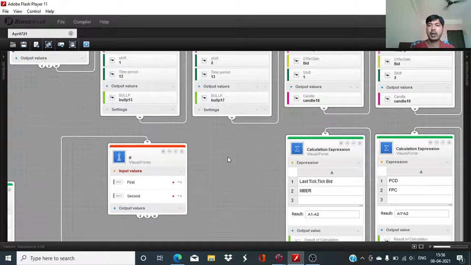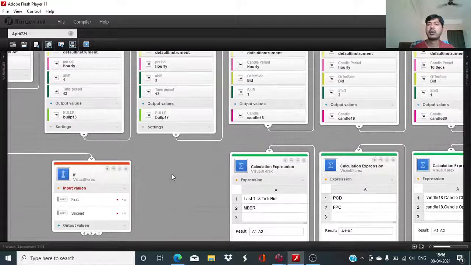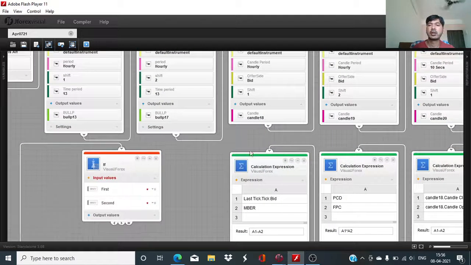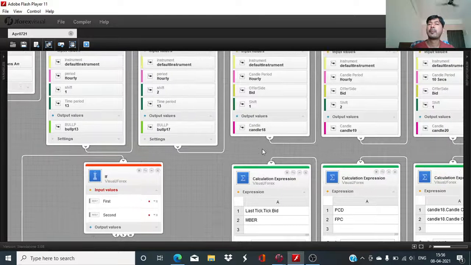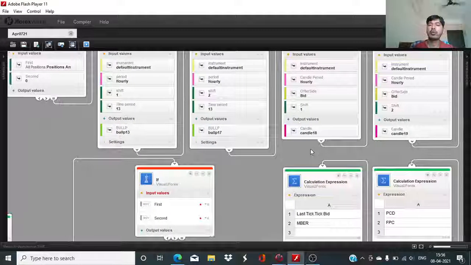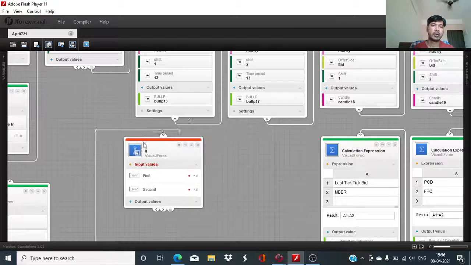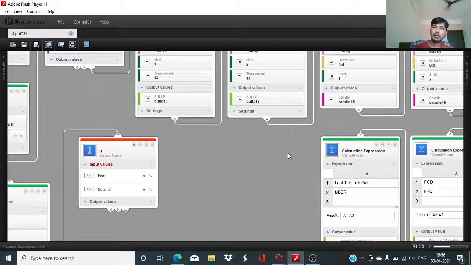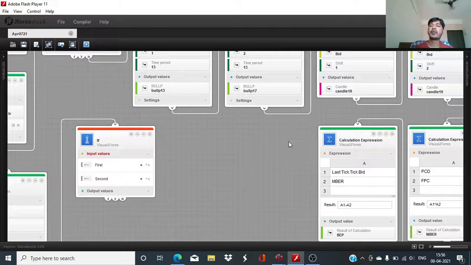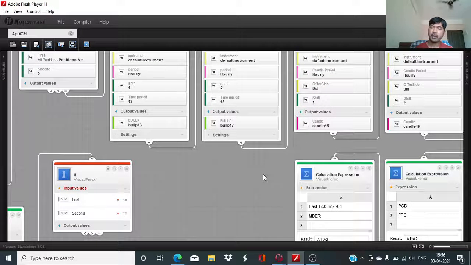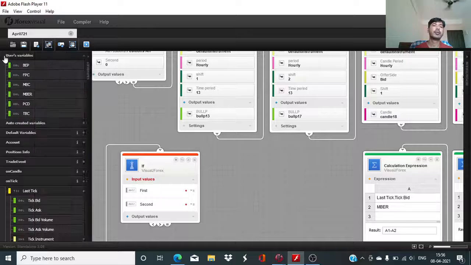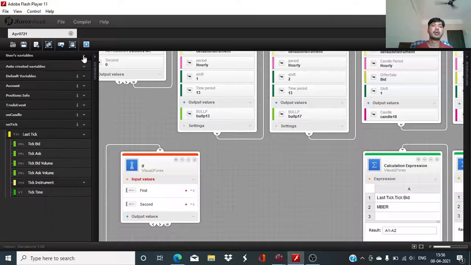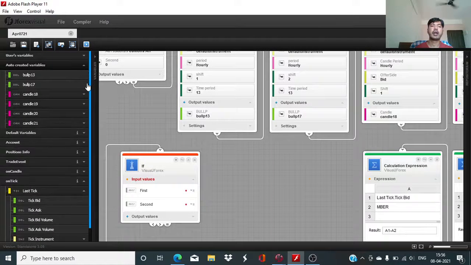And after that we need the last hour's candle close value to be above the opening value. And for that we will have to look at the auto created variables.